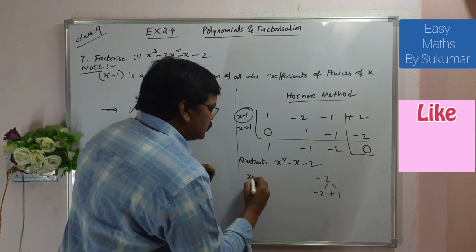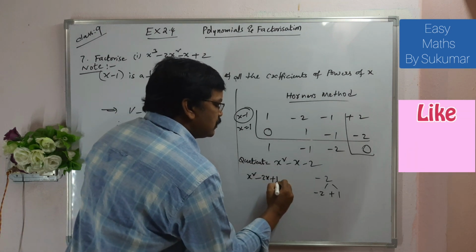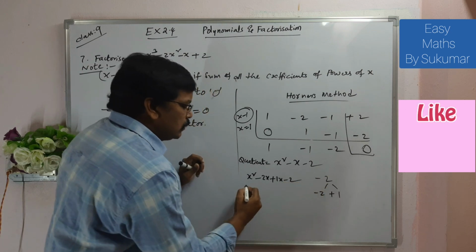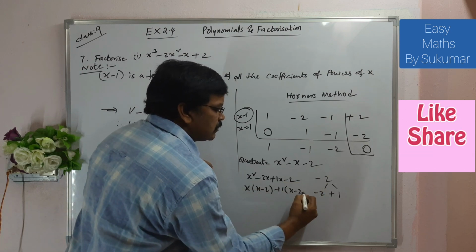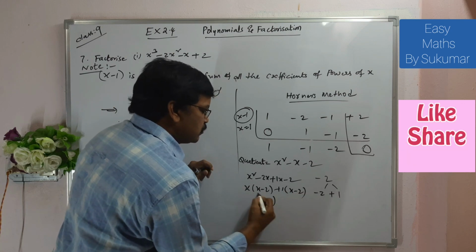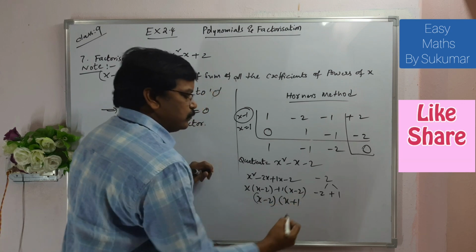This can be written as x square minus 2x plus 1x minus 2. Take x as common, and x minus 2 plus 1 as common, so it is x minus 2 times x plus 1.